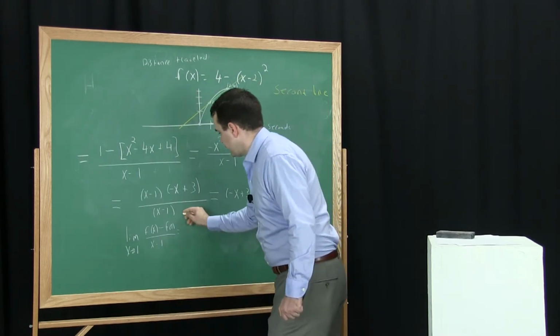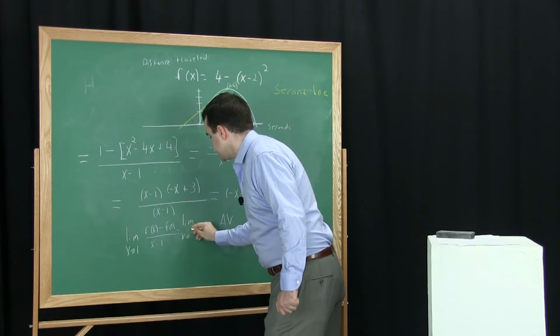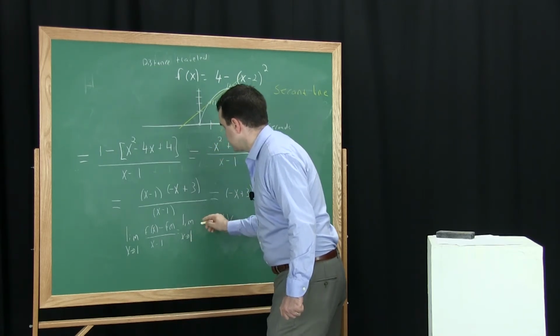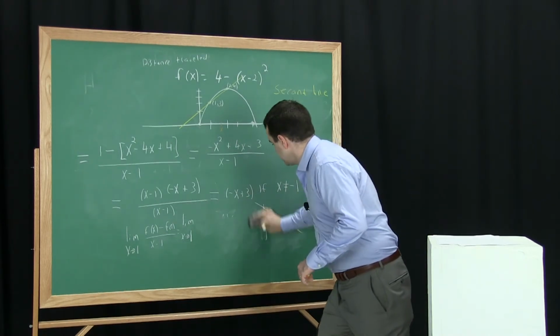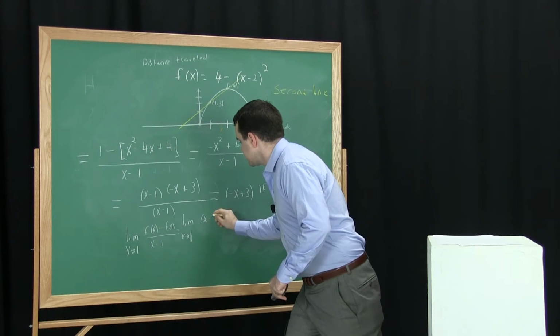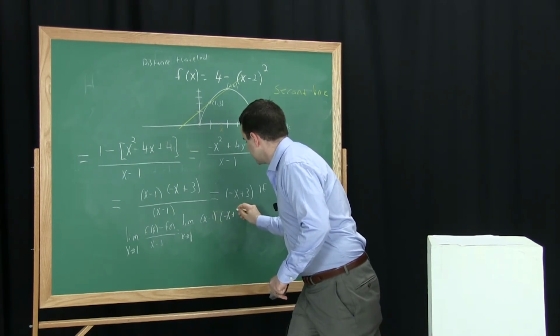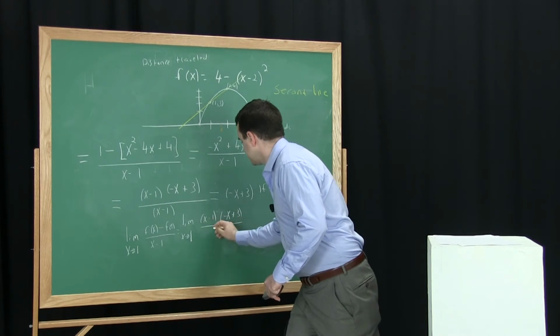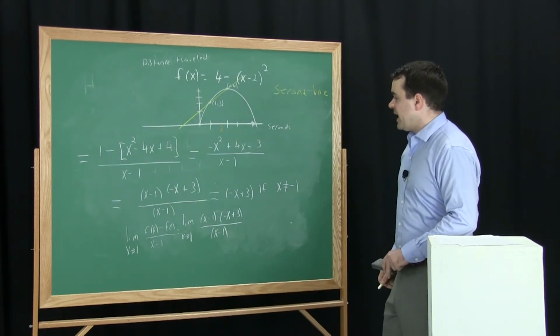And remember, we figured it out using algebra that this is equal to just x minus 1 times minus x plus 3 divided by x minus 1.